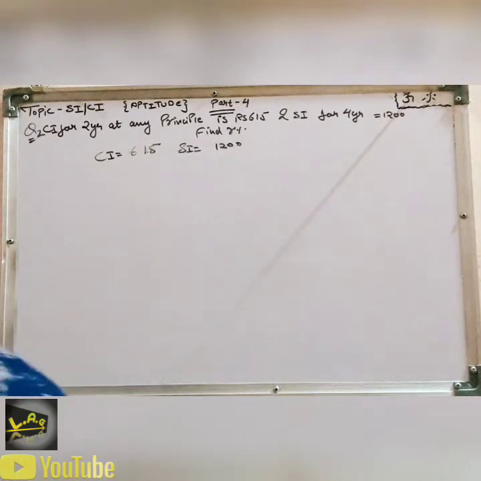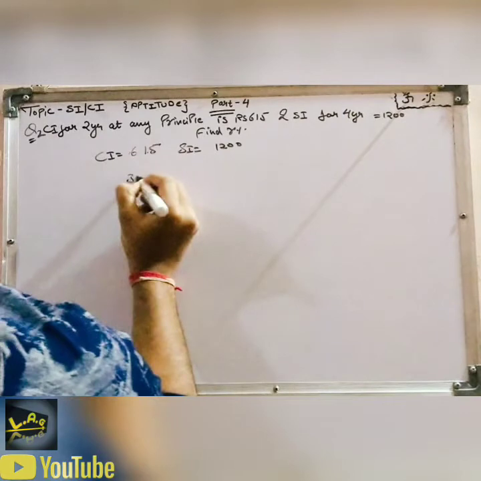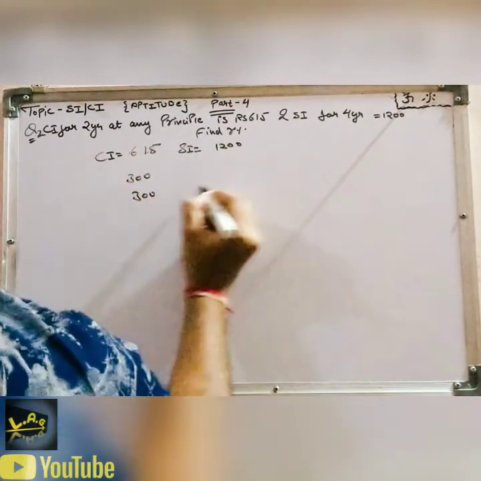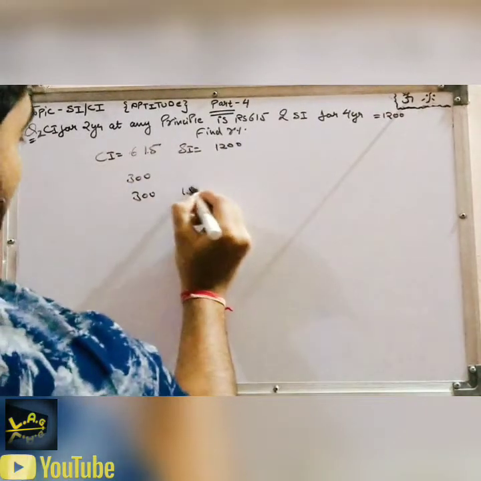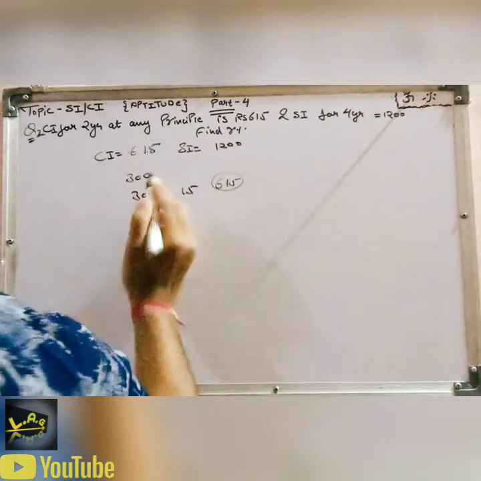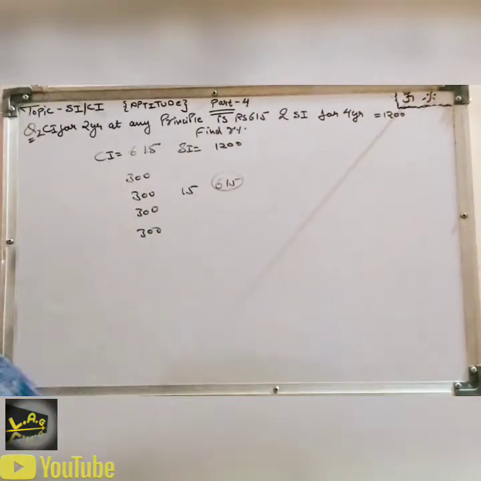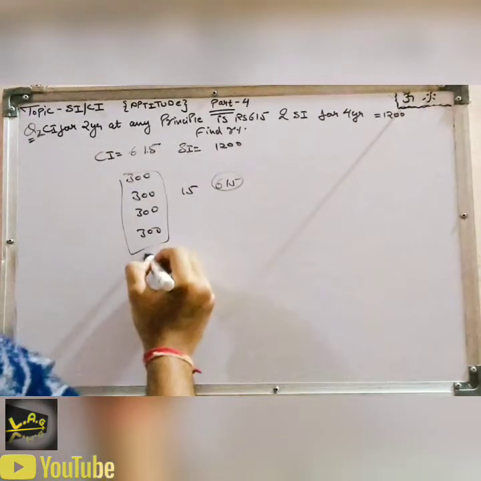If we break this 615 into 300 and 15, it will become 615. And if we expand this, then we will get SI.